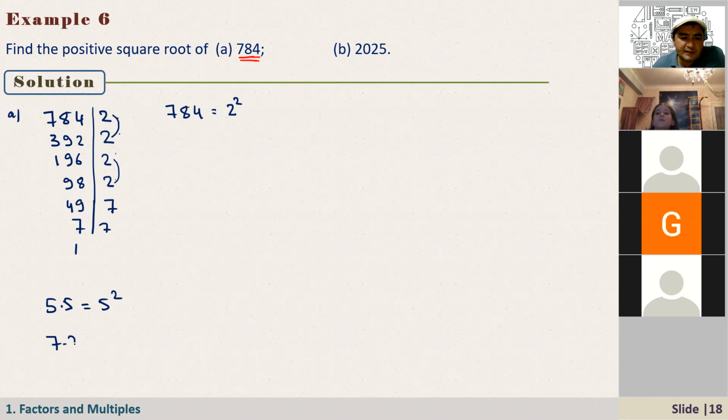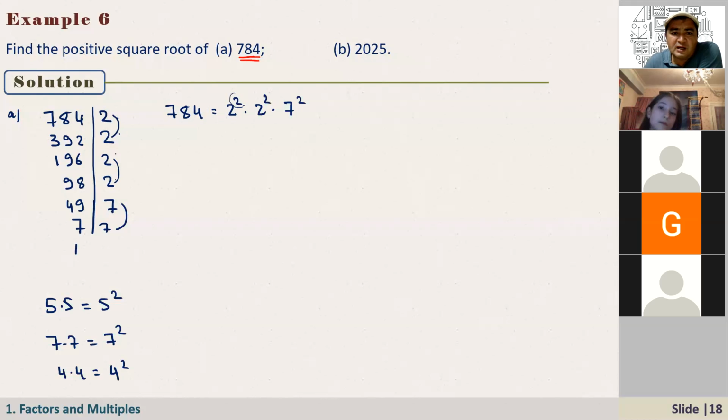If we have 7 times 7, we can write it as 7 squared. If we have 4 times 4, we can write it as 4 squared. 4 squared means 4 is multiplied by itself. So here we have 2 squared times 2 squared times 7 squared.